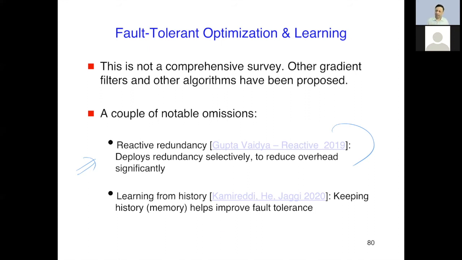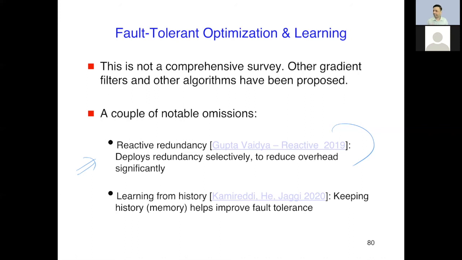So I can deploy redundancy dynamically, only every once in a while, in a randomized way. Suppose I ask you for a gradient, and when you send it to me, with some probability I check whether you sent the correct gradient or not. I have a way to check, perhaps by using some other agents as backup to replicate the work you just did.